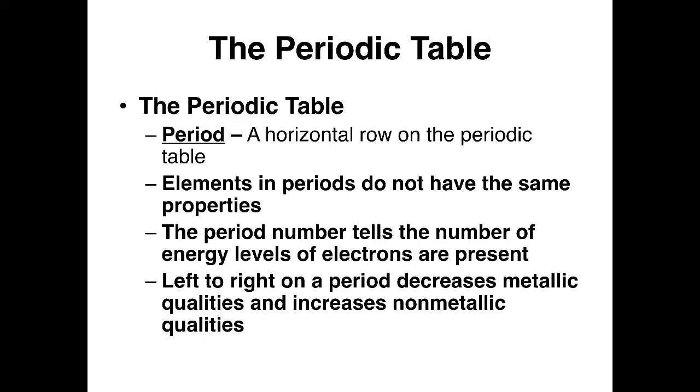As you move across that horizontal row, the farther to the right you go, the less metallic a material is. By the time you get to something like silicon or phosphorus, you have a very non-metallic material. And over on the other side, chlorine, Cl, is very much a non-metal.